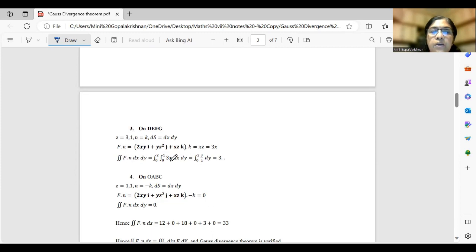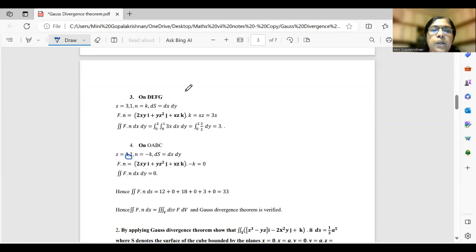When you integrate this, you will get the answer 3. And this is the bottom face, where n will be minus k, the opposite direction. Throughout there, your z value is not 1, your z value is 0. So your f dot n becomes 0 and the integrand becomes 0, the integral value becomes 0.